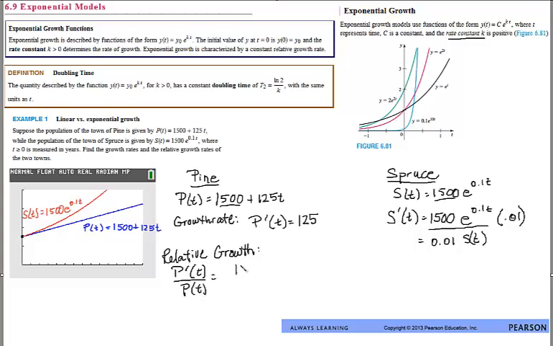And with this you're going to get 125 over 1500 plus 125t.